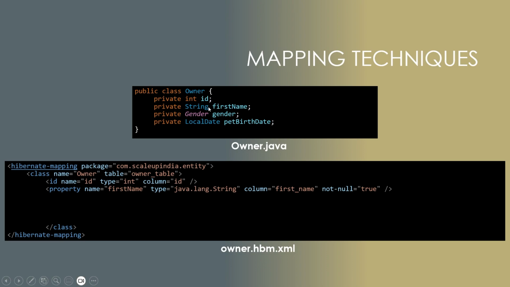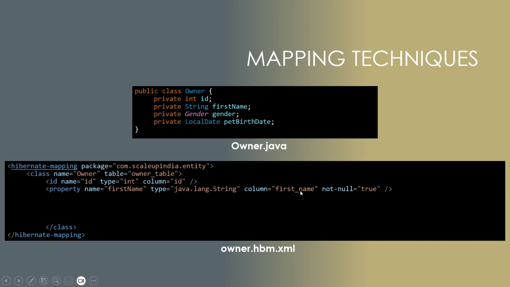Then the next one is first name. So we will say here property. This is the name. The variable name is firstName. The type is this time java.lang.String. If you say directly string, it won't understand, because int is also there in the database, so it will be able to map it to the integer, but string is something specific to Java. Hence we need to give the complete address for that particular string, that in which particular package we have that string.